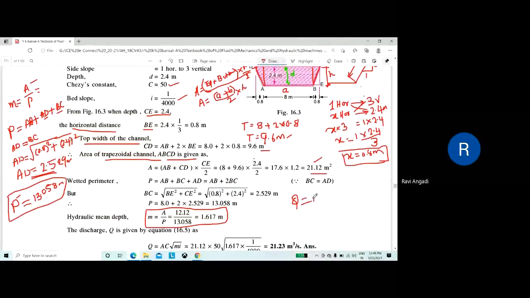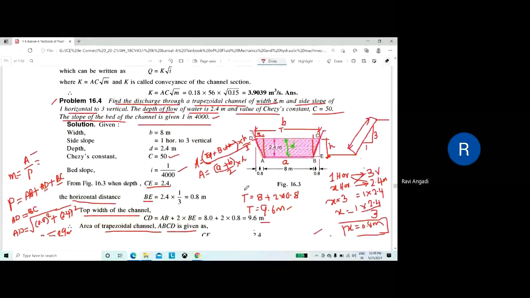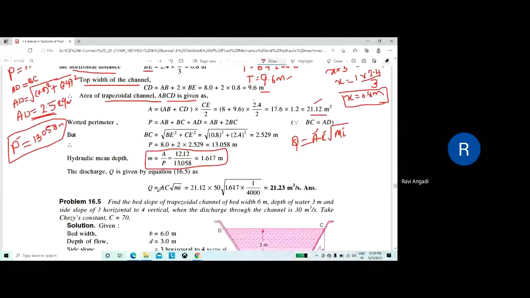Q equal to AC square root of M into I. So the area you have calculated, C is given, M you have to calculate here. Then I is given. They ask you to calculate what is the discharge through the trapezoidal channel. So once you get M, is it correct? 1.617 is correct? Yes, sir.